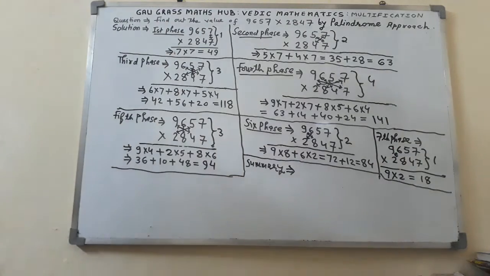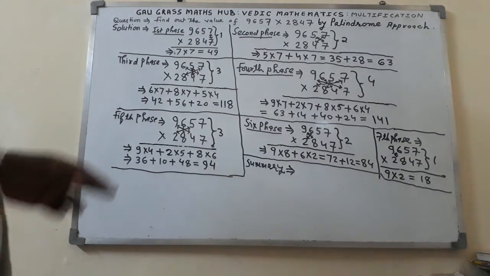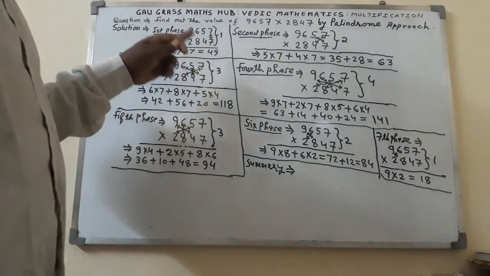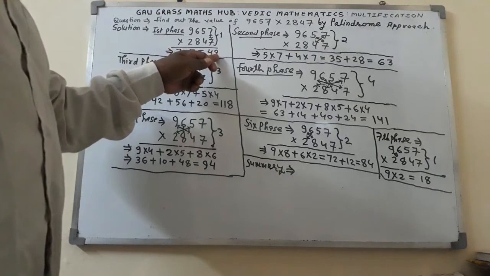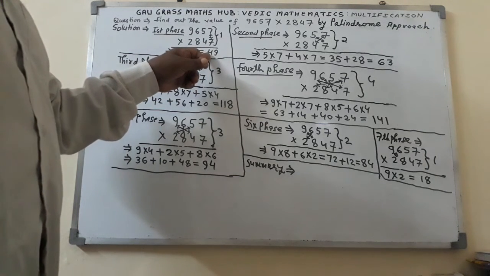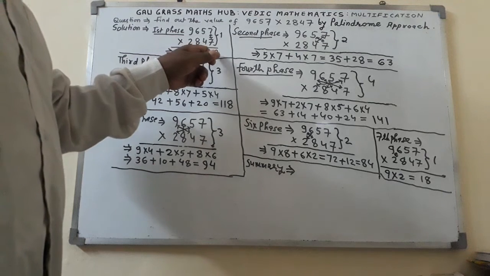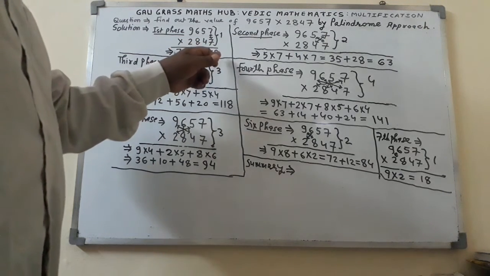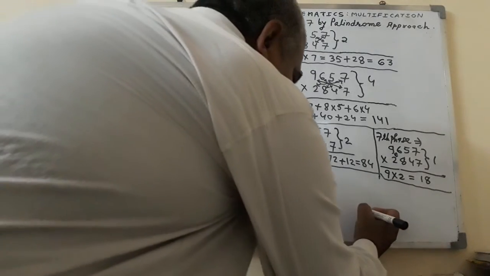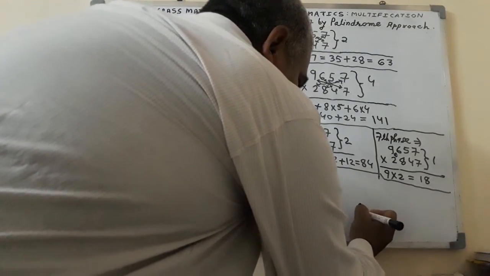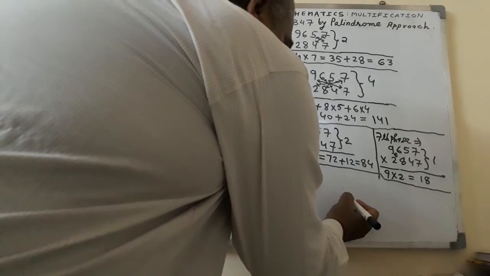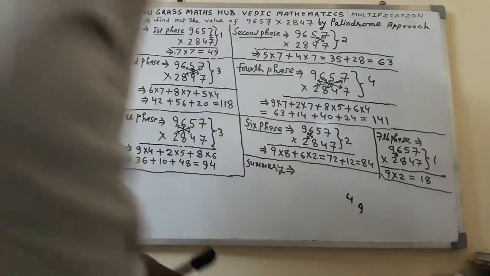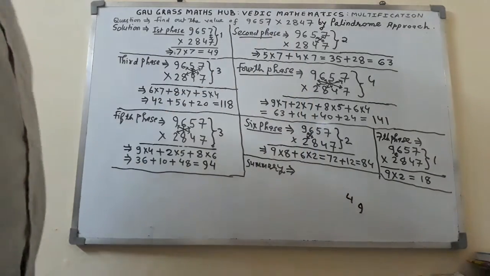Let us see. Summary. From the first page, you have got 49. The 49 consists of 2 digits. Unit place digit is 9 and 10th place digit is 4. So this 9 will be reflected at this place. Here you will get 4 and this 4 will be reflected at this 4.